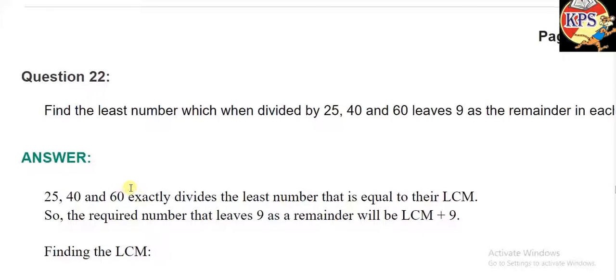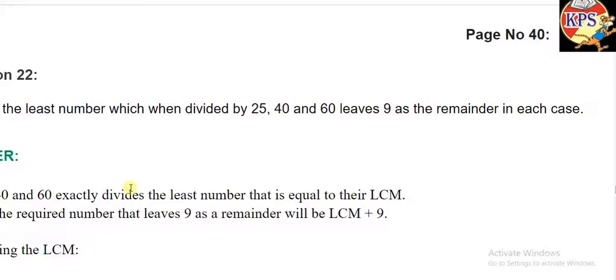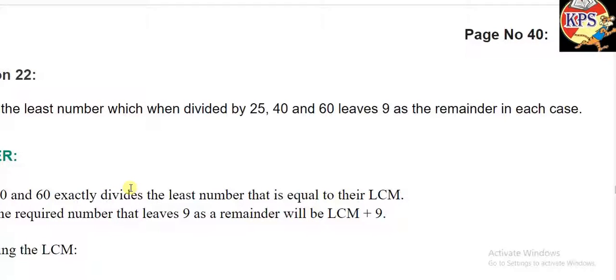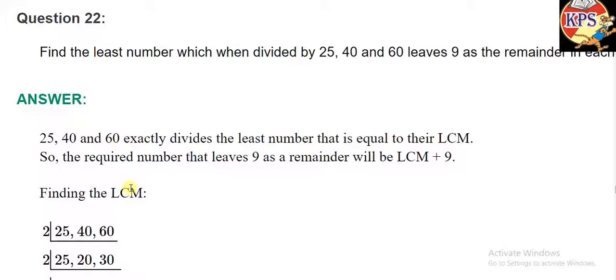Find the least number which when divided by 25, 40 and 60 leaves 9 as a remainder in each case. When we were finding out the HCF, we were subtracting the remainder from all the numbers, but in this question, because we have to find out the LCM, the method is different.